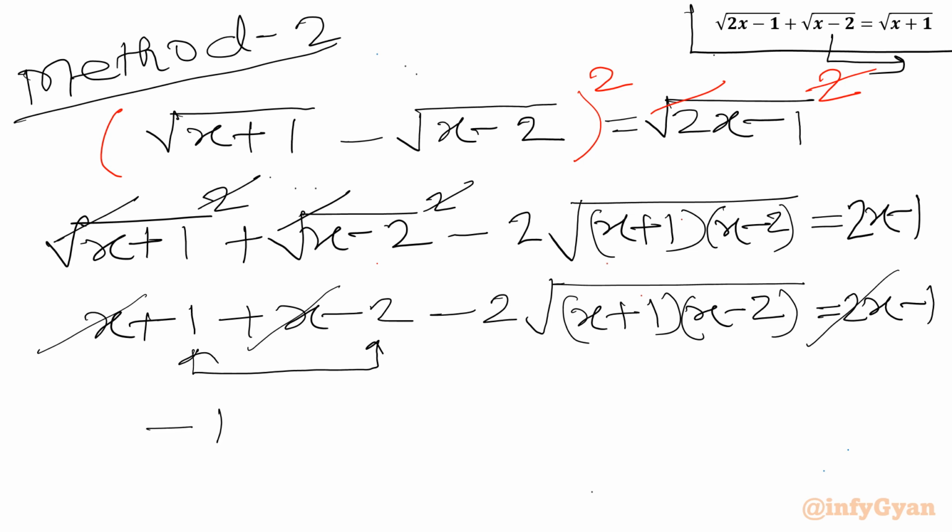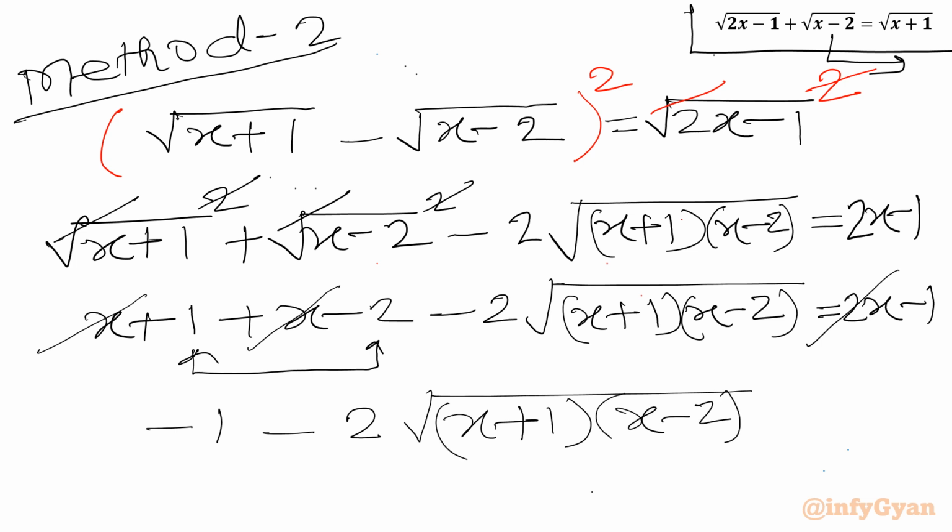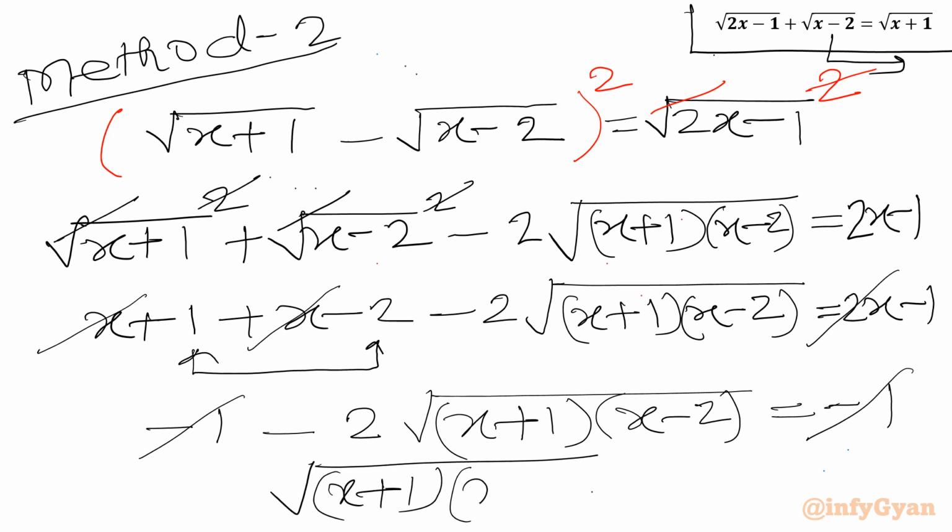Let me write negative 1 minus 2 times square root x plus 1 times x minus 2 equal to negative 1. So this is also cancelled out. Now I can write here square root x plus 1 times x minus 2 equal to 0.